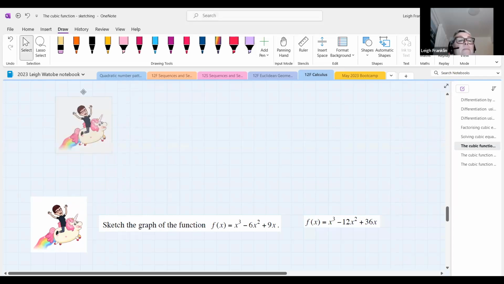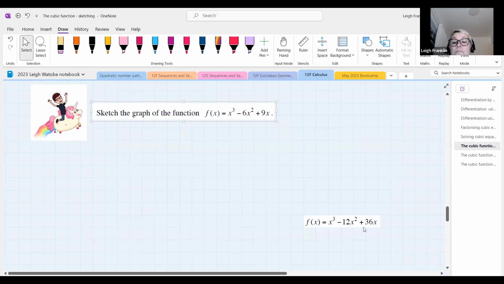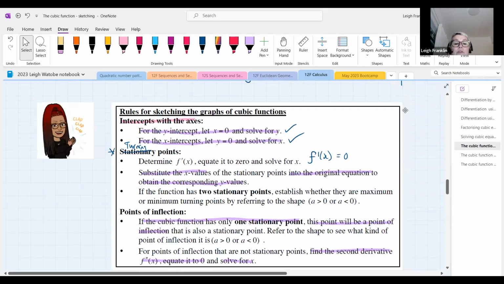Yes, Lebogang? Ma'am, going back to the note, can you please go back quickly? Sure. Ma'am, I see where it says maximum or minimum. Is that what they refer to as relative max and relative min? Yes, absolutely. So a local maximum and a local minimum.